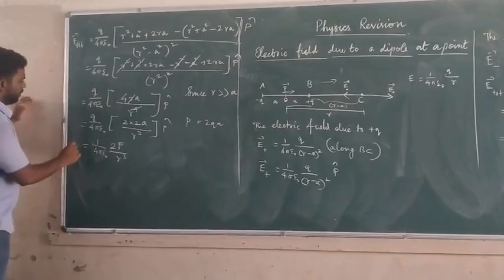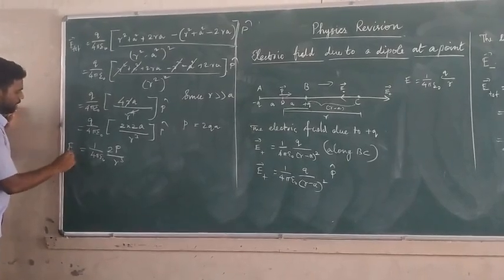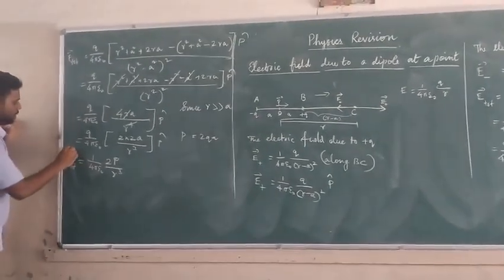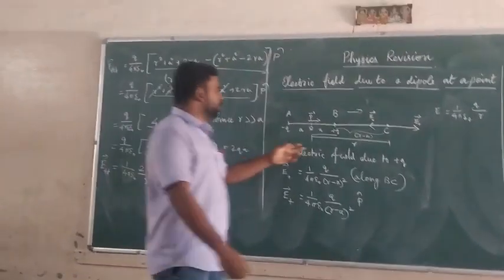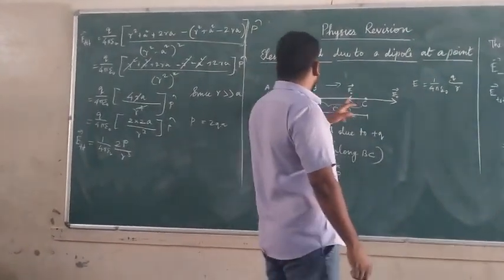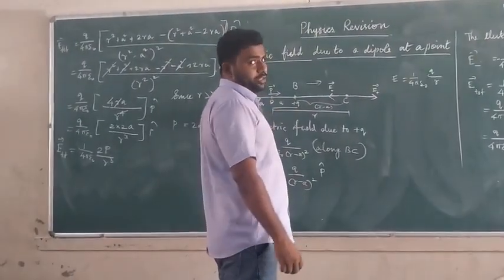So this is the total electric field at a point C, due to the positive charge and the negative charge.